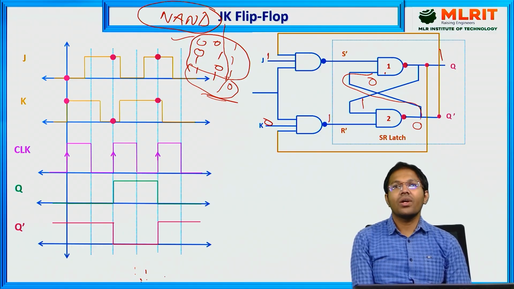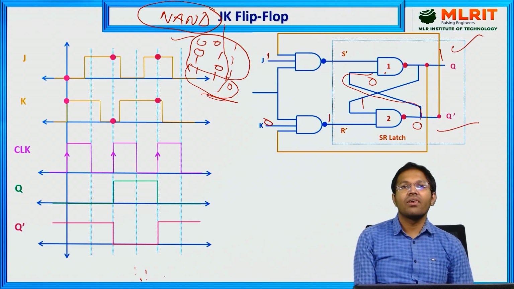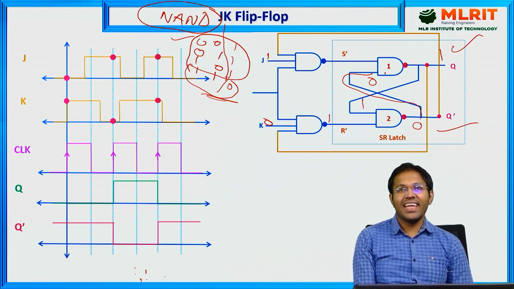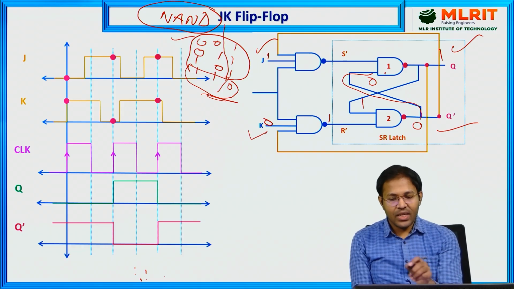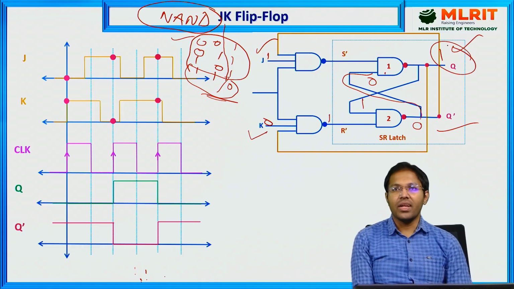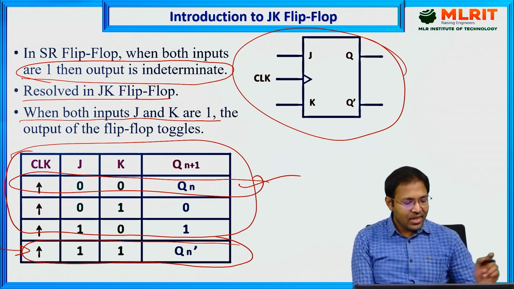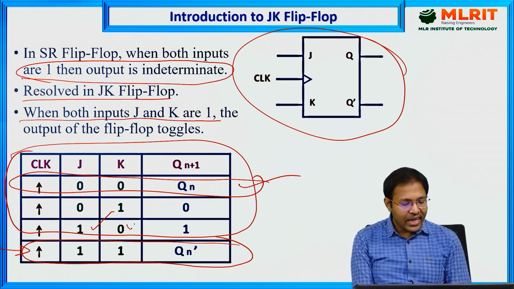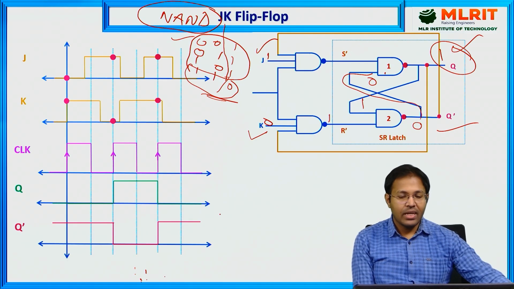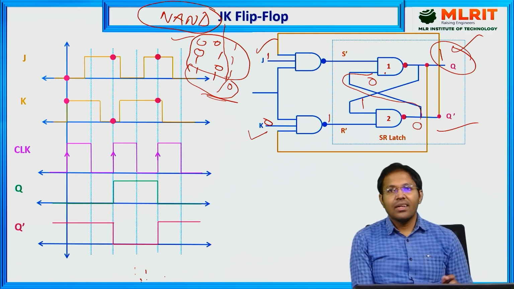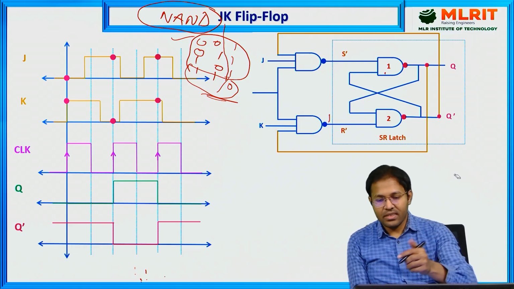So actually what one can analyze is this is the only stable state that we can have for the JK flip-flop: when J is 1 and K is 0, the output remains 1. So, that is the reason when J is 1 and K is 0, the output is 1. Next, if we look at the structure, this is a symmetric structure.